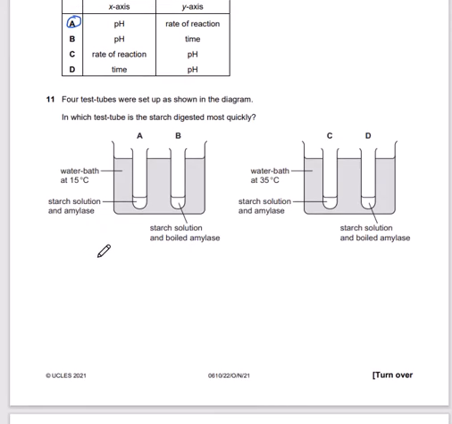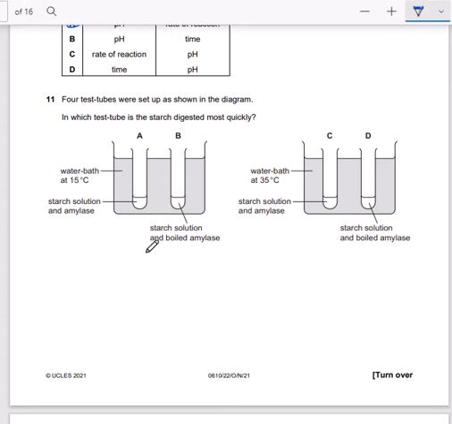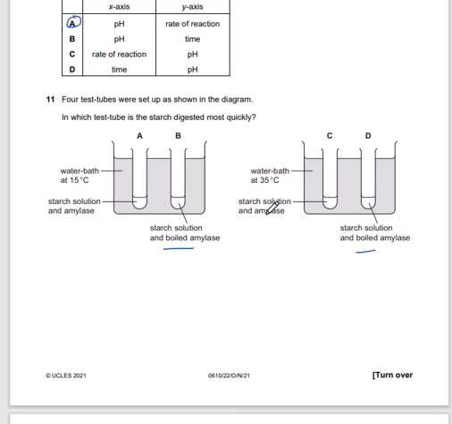For the test tubes we set up as shown in the diagram, in which test tube is the starch digested more quickly? A, B, C, D. Whenever they say boiled, the enzyme amylase will obviously get denatured, meaning that there won't be any reaction. Even if there is, it will be very slow.